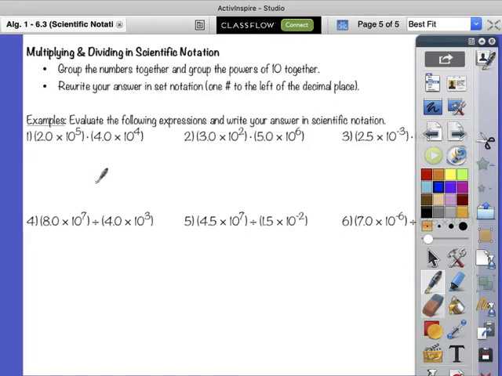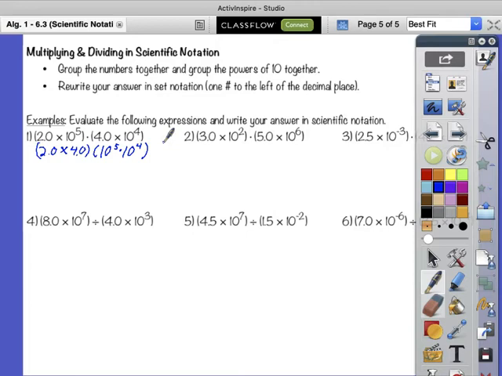So I'm going to put 2.0 times 4.0 in one parenthesis, the normal numbers together. Then I'm going to put 10 to the 5th and 10 to the 4th together.